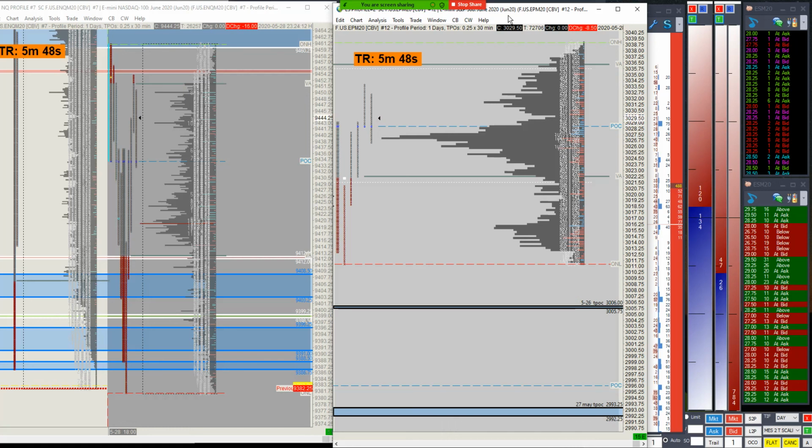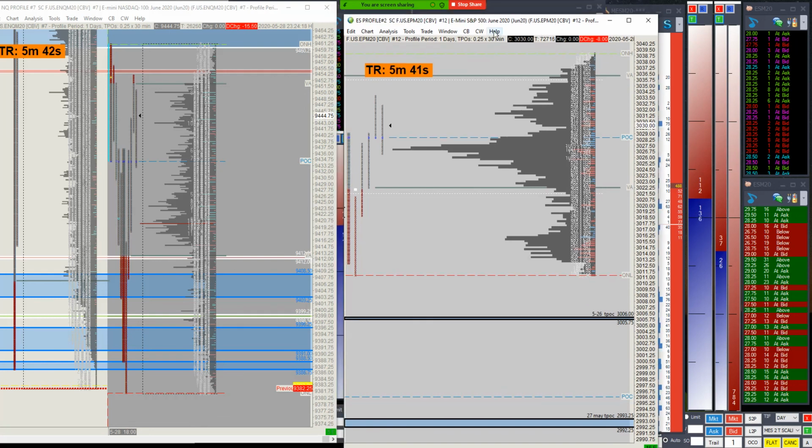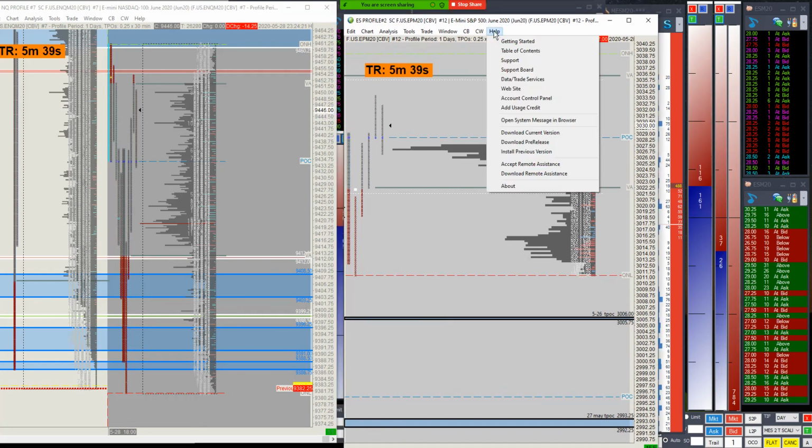What's that, right? Oh, okay. So you go help. You see my screen, and then download current version. Yeah, that's probably a little issue. Yeah, it's gonna update your.